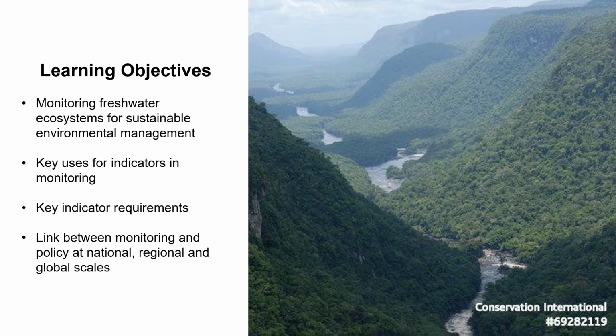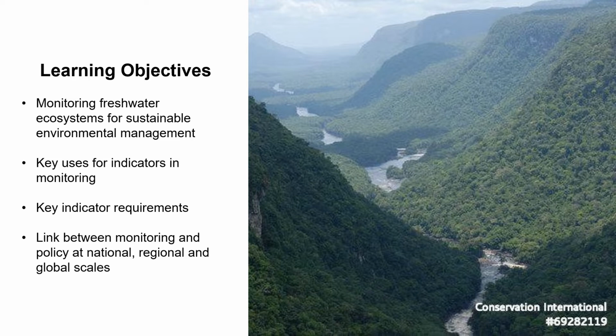As we will see, indicators can operate at different geographic scales, from the local right up to the global scale, and are also temporally sensitive. Indicators can be based on organisms, their functions, river hydromorphology, or ecosystem services. The importance of indicators as part of the sustainable management cycle cannot be overstated.